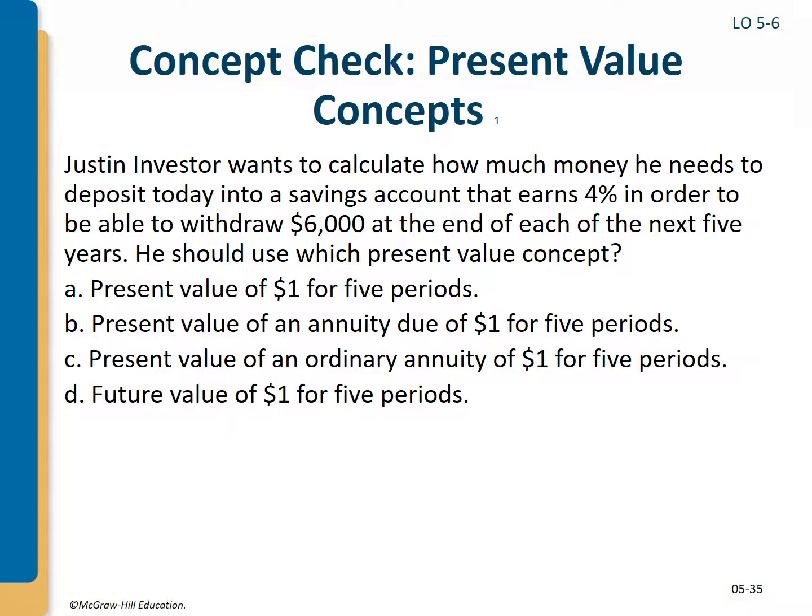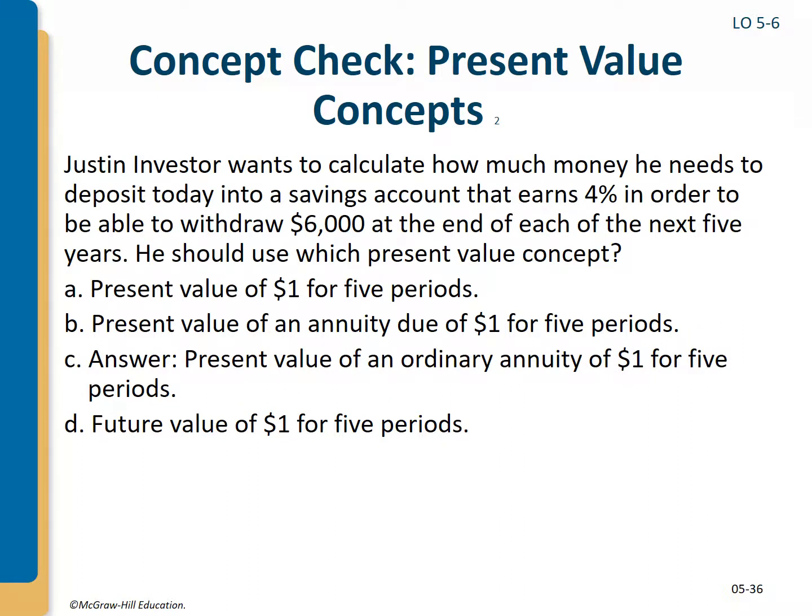I know it's an ordinary annuity because the payments start at the end of each of the next 5 years. He isn't taking anything out today. He's starting at the end. So he would look at the present value of an ordinary annuity of 1 for 5 periods.